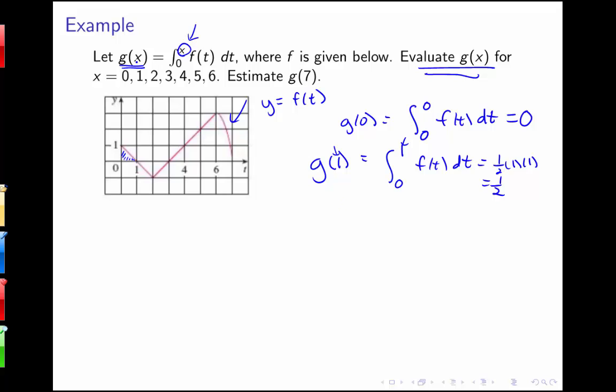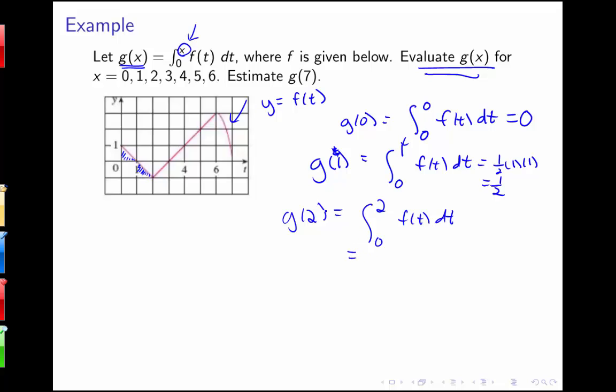Remember, g of x is this function, but we can compute values of g at various points. If we look at g of 2, it is the integral from 0 to 2 of f of t dt. So it would represent this region plus this region, except we know this region is below the x-axis, so it has negative area.